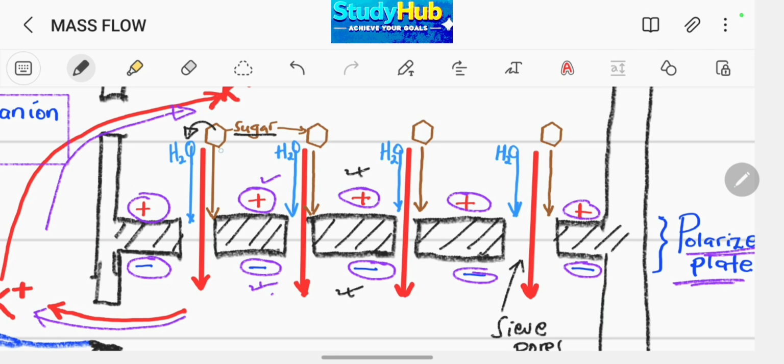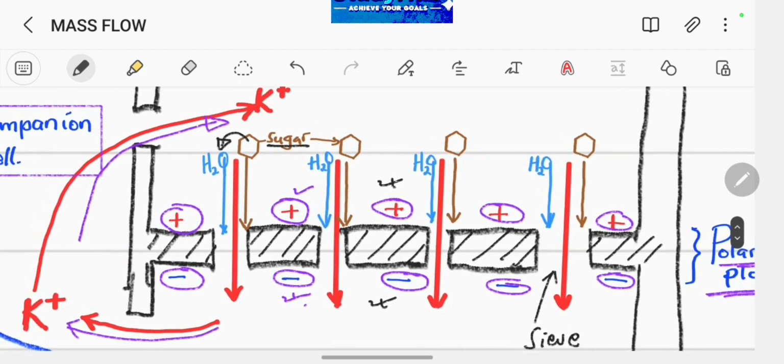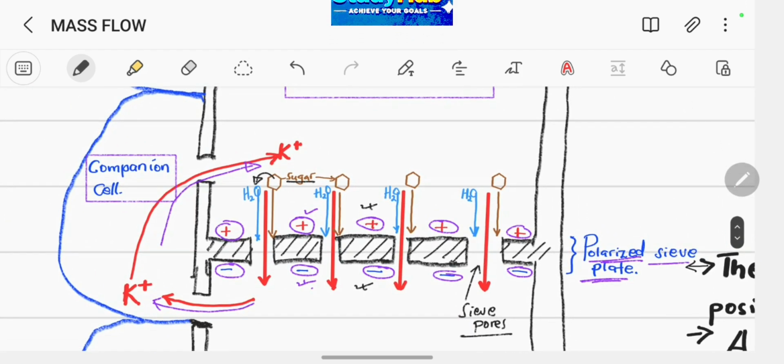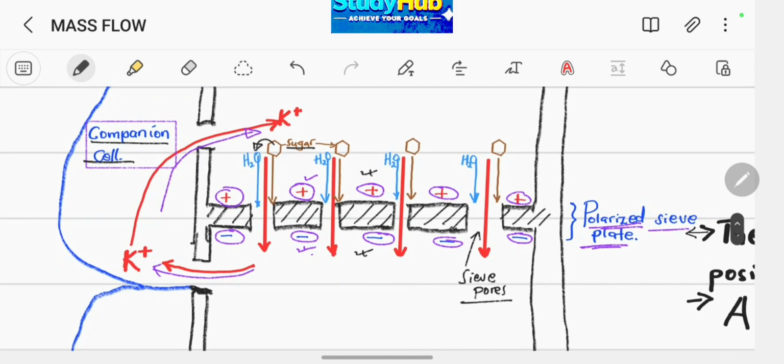Now as this water comes along with the sugar, the theory of electroosmosis tries to illustrate that potassium ions are actively pumped by the companion cells using ATP.